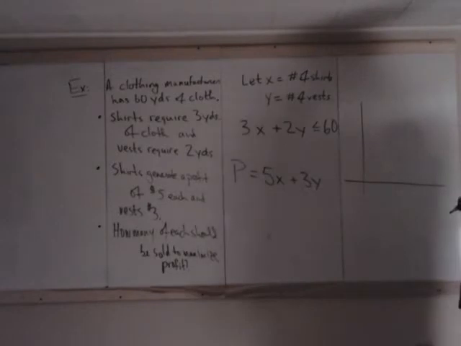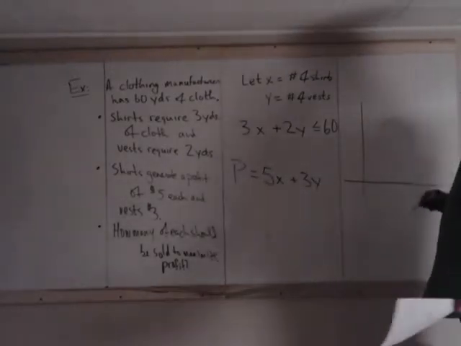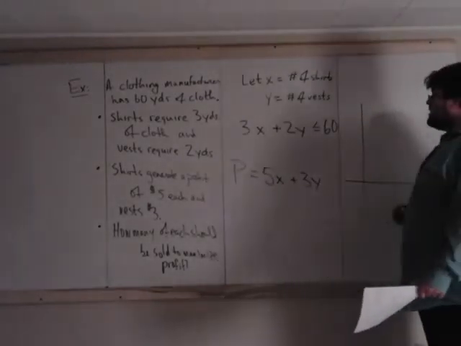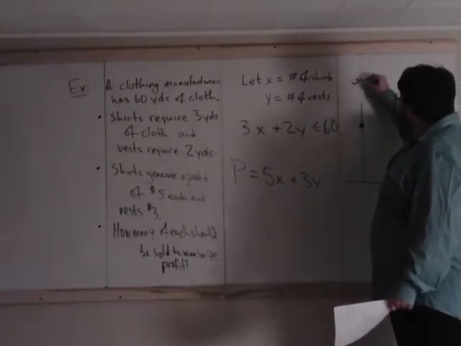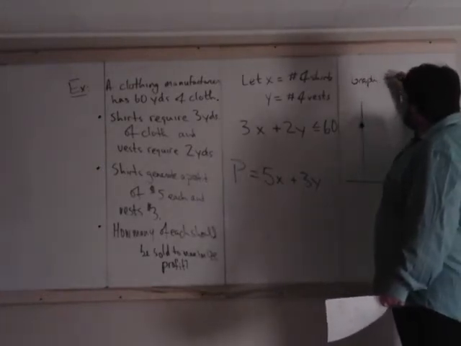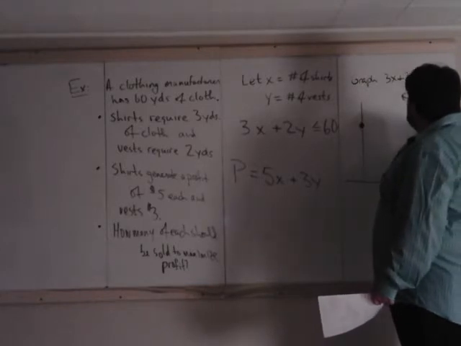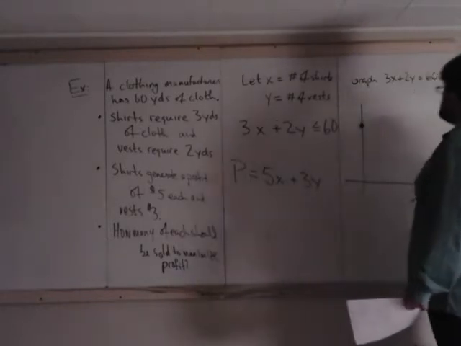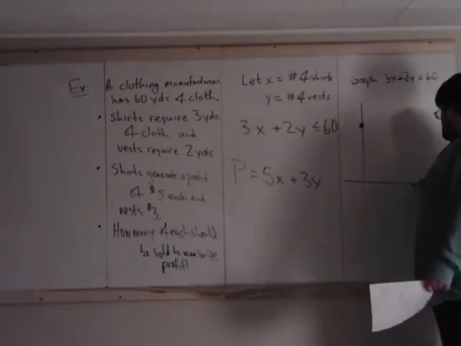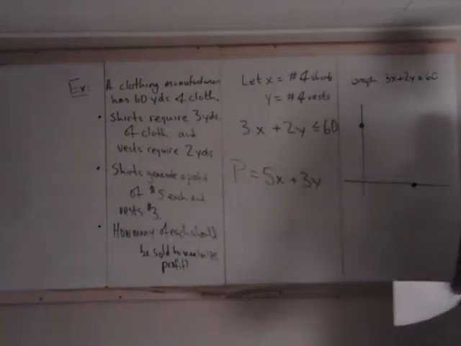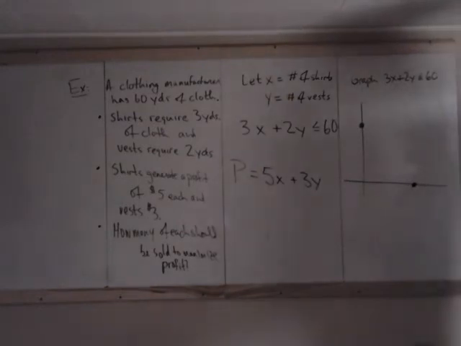The easiest way to graph this is actually to find the x-intercept and the y-intercept. So let's graph 3x plus 2y is less than or equal to 60. It's a line because it's just one x and one y.